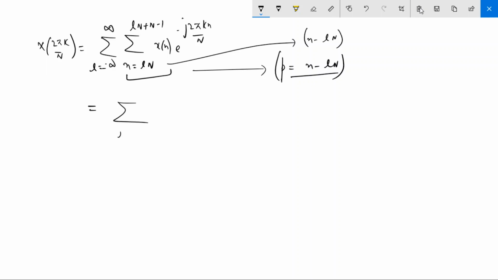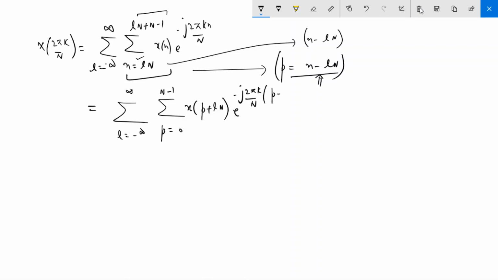So you will get l from minus to plus infinity, and p. And when n is ln, your p will be 0. And when your n is ln plus n minus 1, your p from this equation will be n minus 1. x of n, now n will become p plus ln, right? And e raised to power minus j 2 pi k by n, again this n will become p plus ln.